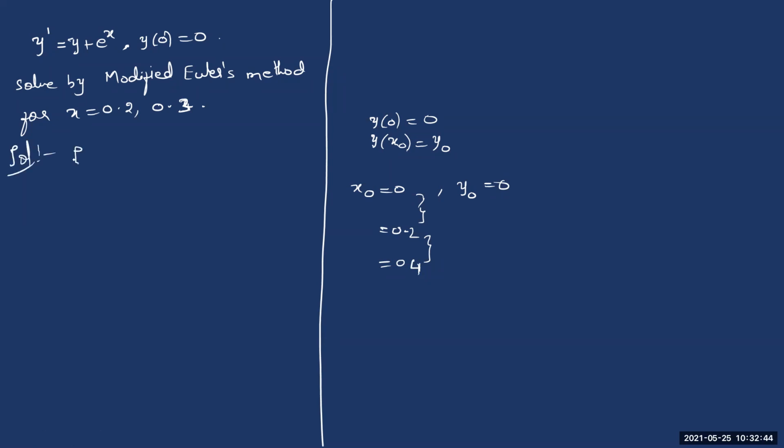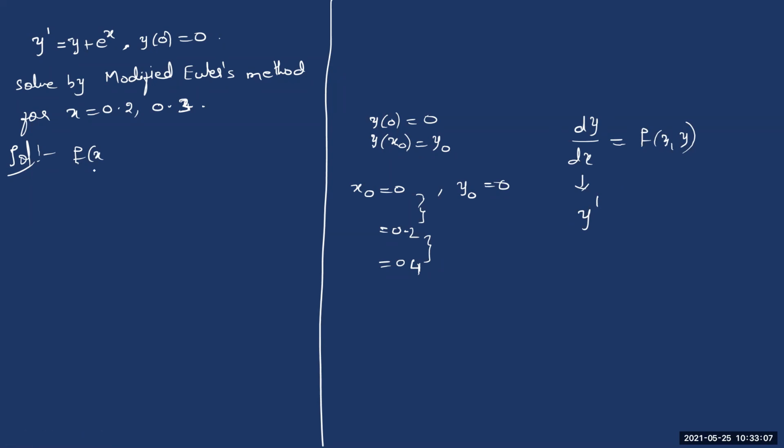And what is f of x, y here? Always one more thing here. Usually, even in yesterday's class, we are writing this as dy by dx is equal to f of x, y. Whether it is dy by dx or y dash, both are the same; it is another notation for representing a derivative. So when you are given y dash, it is also nothing but dy by dx.